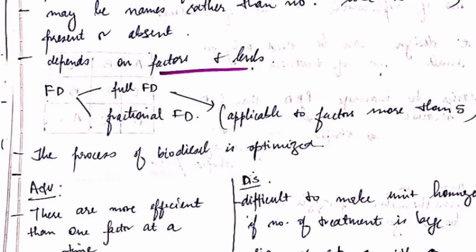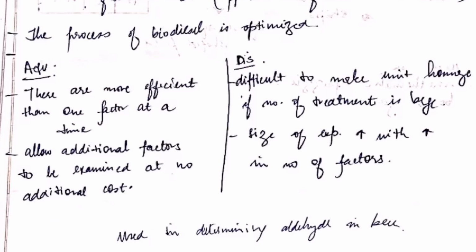They depend on factors and levels. It has various advantages and disadvantages, which I've mentioned. An advantage is that it is more efficient than one factor at a time, while at the same time it is difficult to make units homogeneous if the number of treatments is large. They are basically used in determining aldehyde in a base.